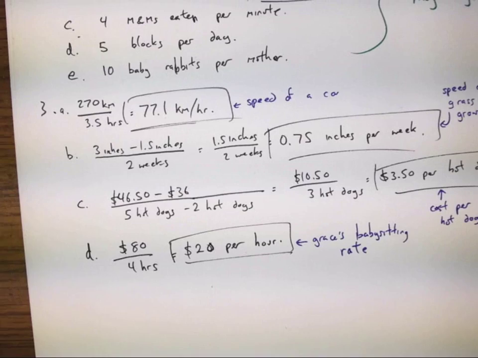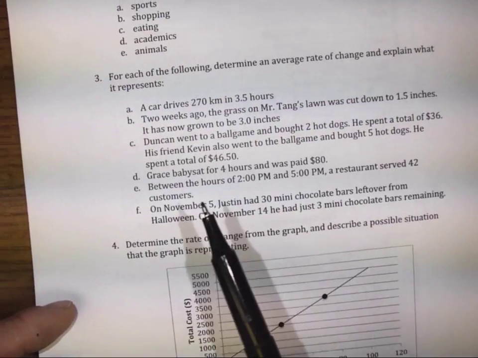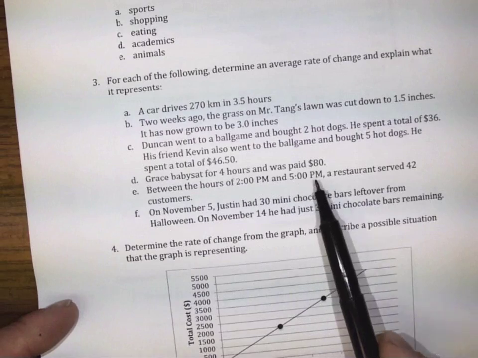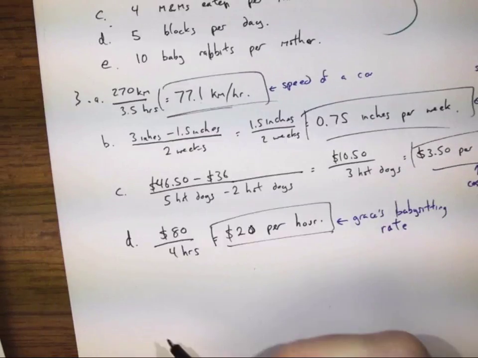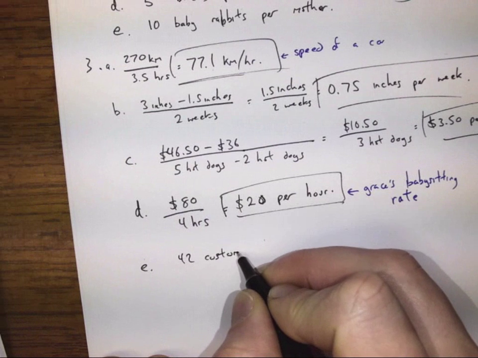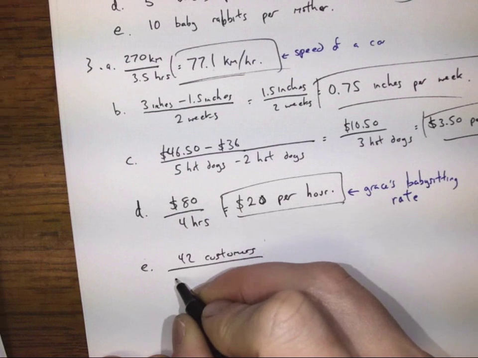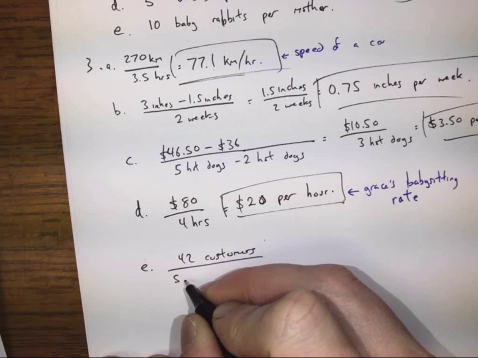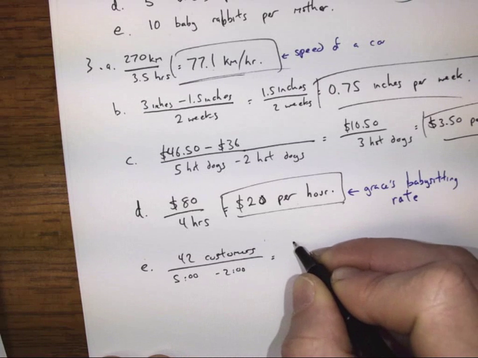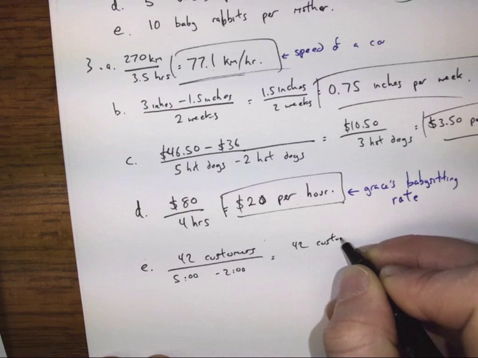All right, moving on. Got a restaurant between 2 and 5. They had 42 customers. So we can think of that being 42 customers for every 5 minus 2 o'clock, which is 42 customers.